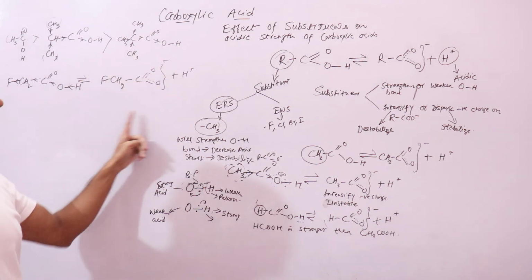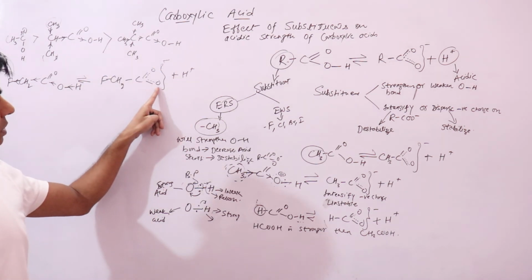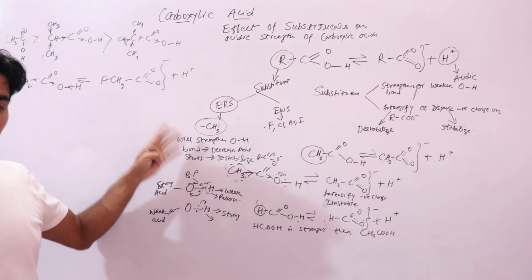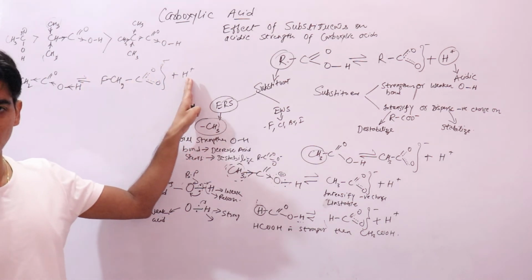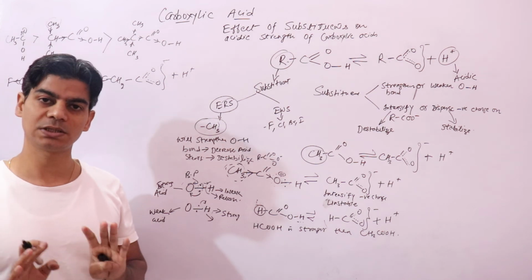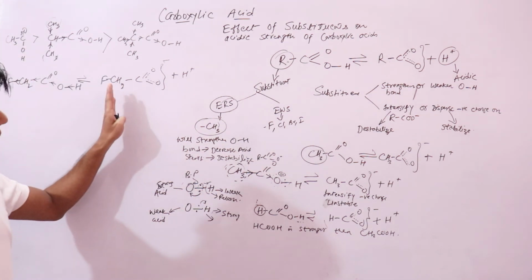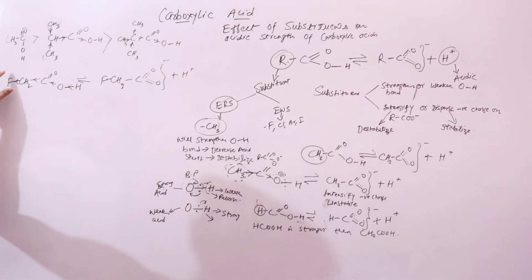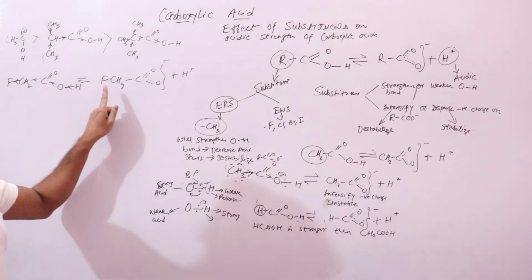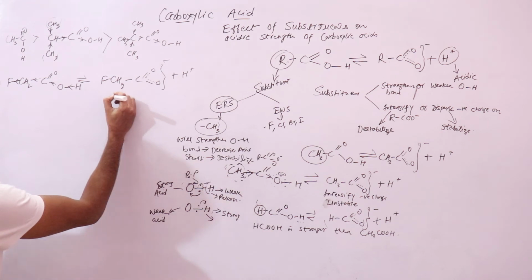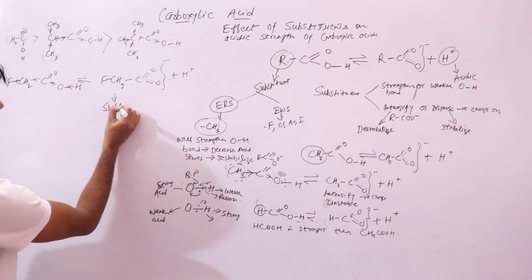So you have less negative charge on this oxygen, right? So this ion will become stable and it will not immediately combine with hydrogen ion, right? Because the negative charge in this case is dispersed onto the molecule. So the presence of this electron withdrawing substituent will make this a stable ion, right?